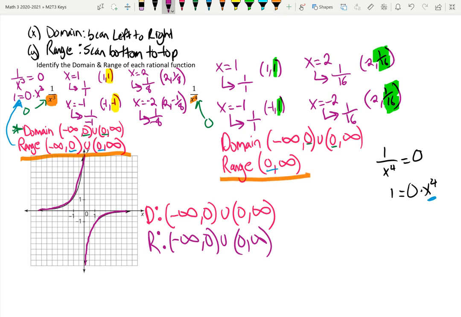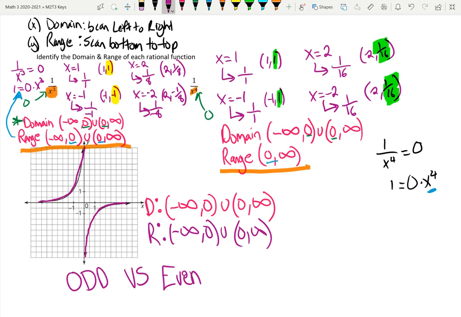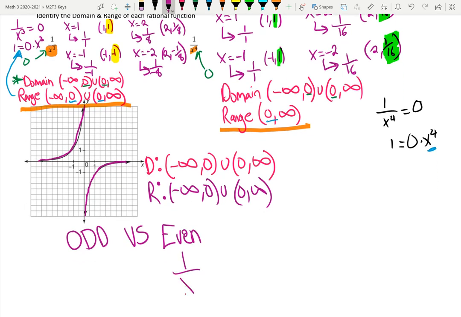Notice it goes back to odd versus even. So 1 over x to the 6 will have a range of 0 to infinity.